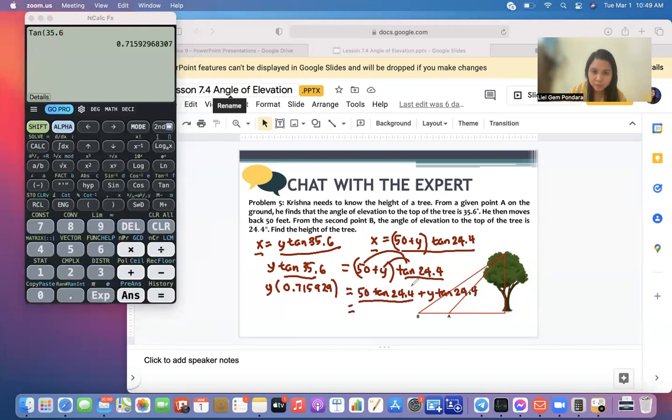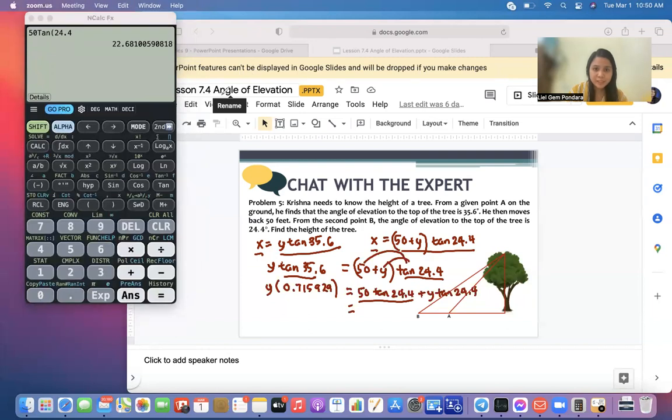Let's solve for this one. So we now have 50 tangent 24.4.